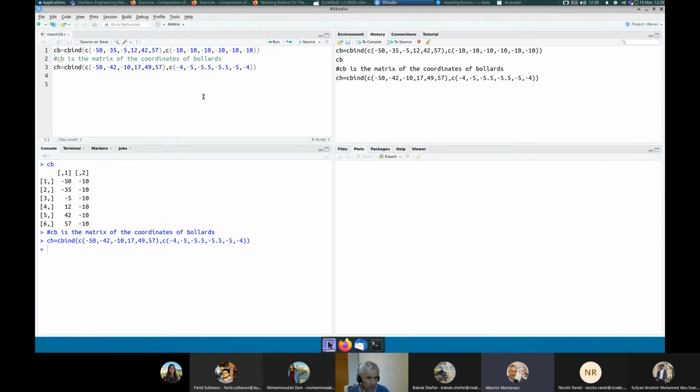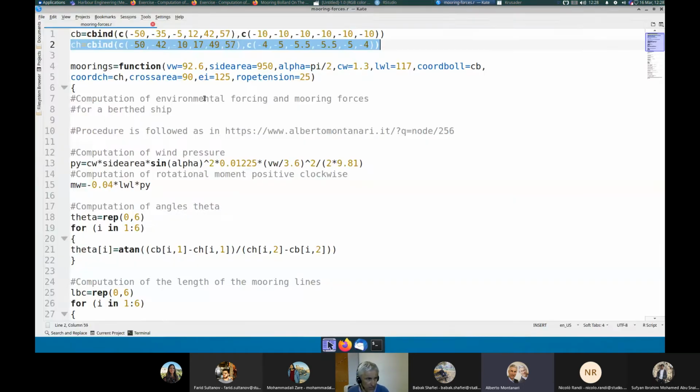Okay, now, let's go back to the script. And here you see that there is something new, function. So what is this function? Because it's a function, you see that it takes argument between round parentheses, so it's an R function.